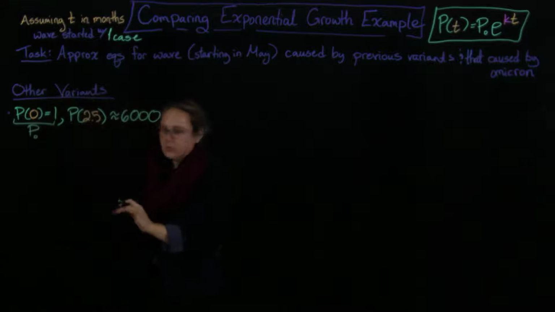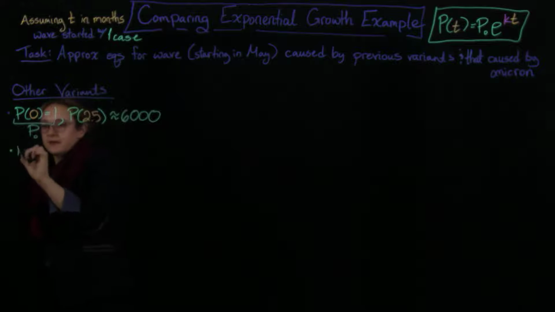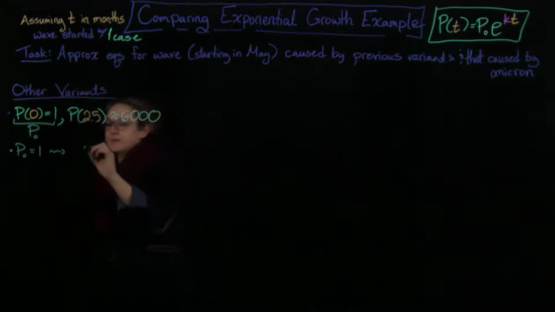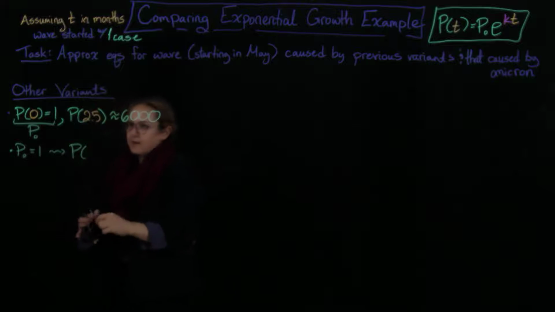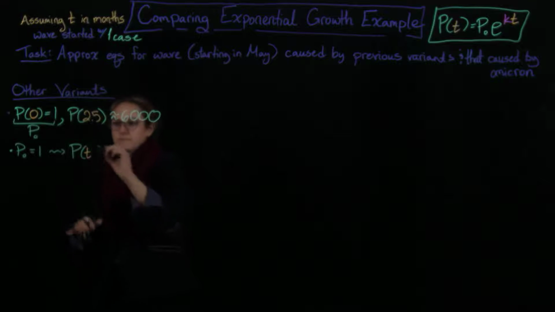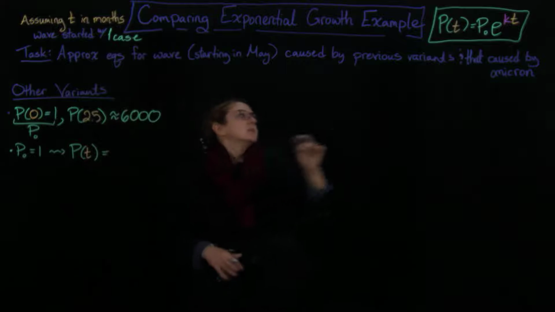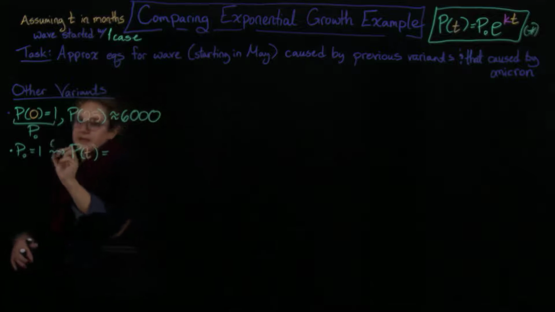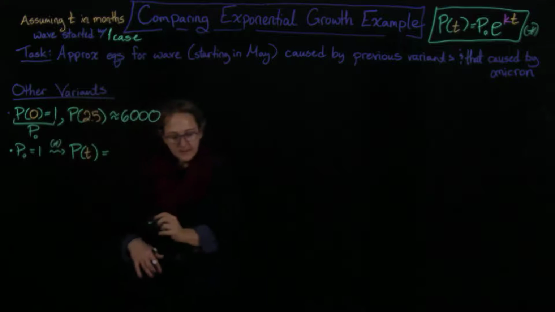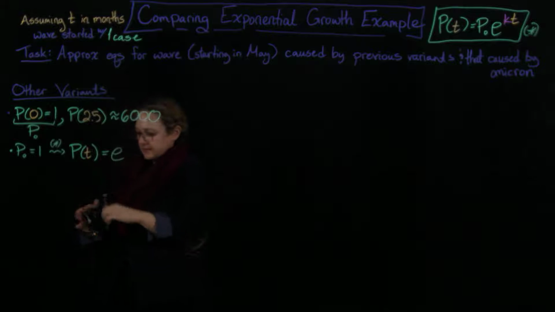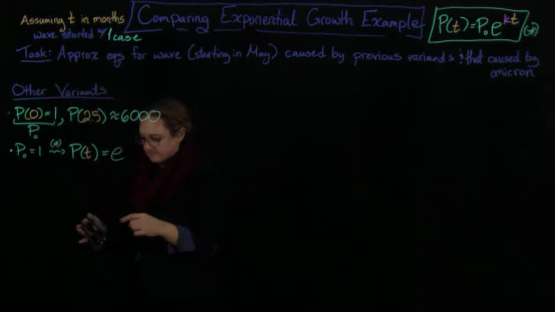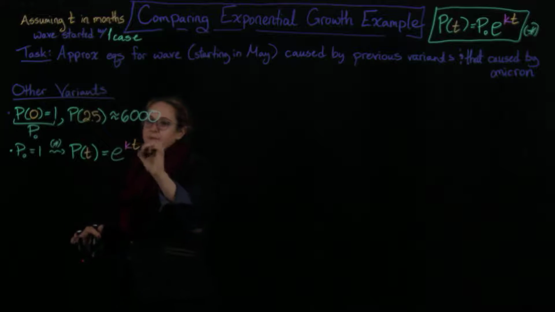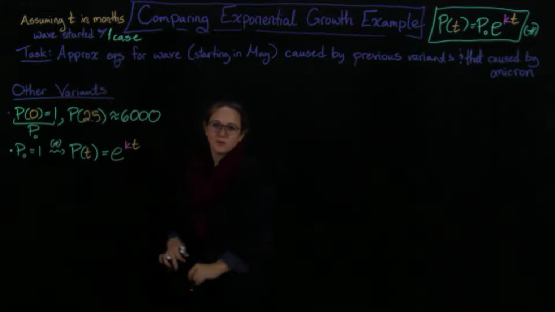We note that this is actually our P naught. The fact that P naught equals 1, we can plug into our equation up there. So now we get the equation that P of t is going to equal, and let's put a star next to this, e to the kt, because our P naught is just 1, so we're not multiplying by anything there.